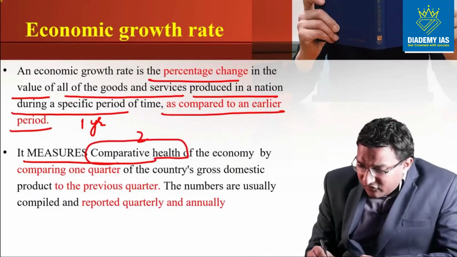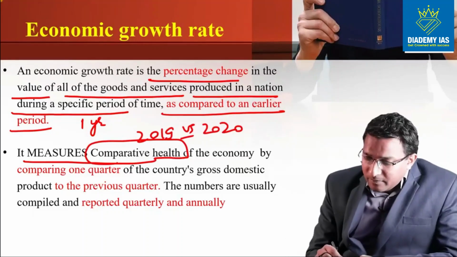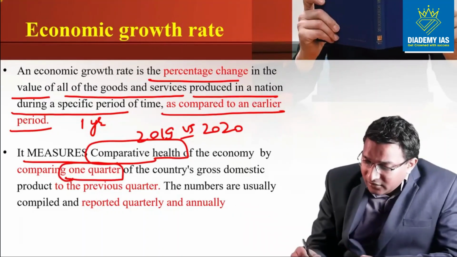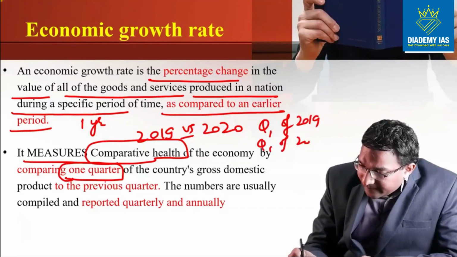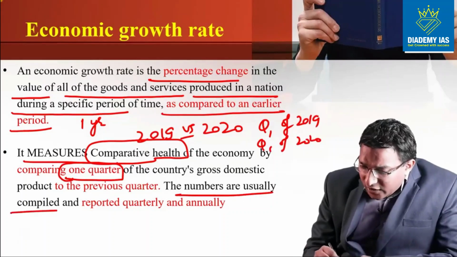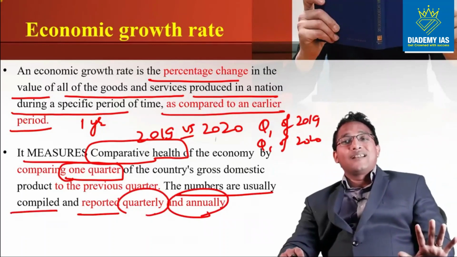So the health between 2019 versus 2020 by comparing one quarter, right? This is very crucial, one quarter. So we are comparing the quarter 1 of 2019 with the quarter 1 of 2020. The numbers are usually compiled and reported quarterly and annually. So this calculation happens both quarterly and annually.